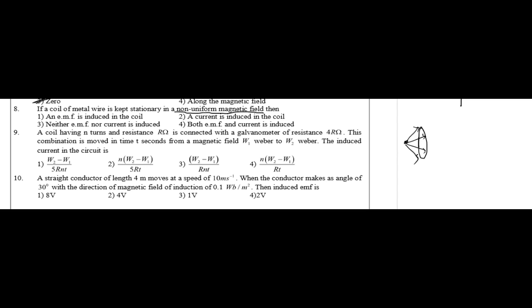Now in this I place a coil, and the coil is stationary, so the magnetic flux remains the same. Even though the field is non-uniform, the magnetic flux remains the same with respect to time. So EMF is not induced because the flux is constant, because the coil is stationary.